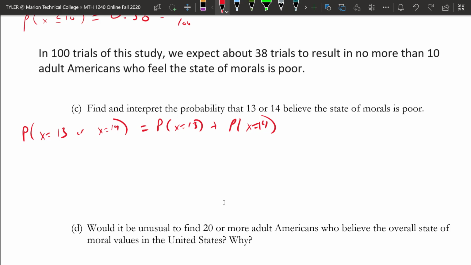Also, this would mean the same thing as the probability that x is in between 13 and 14, including those endpoints. So that would just mean the numbers 13 to 14. So that covers a range of values.